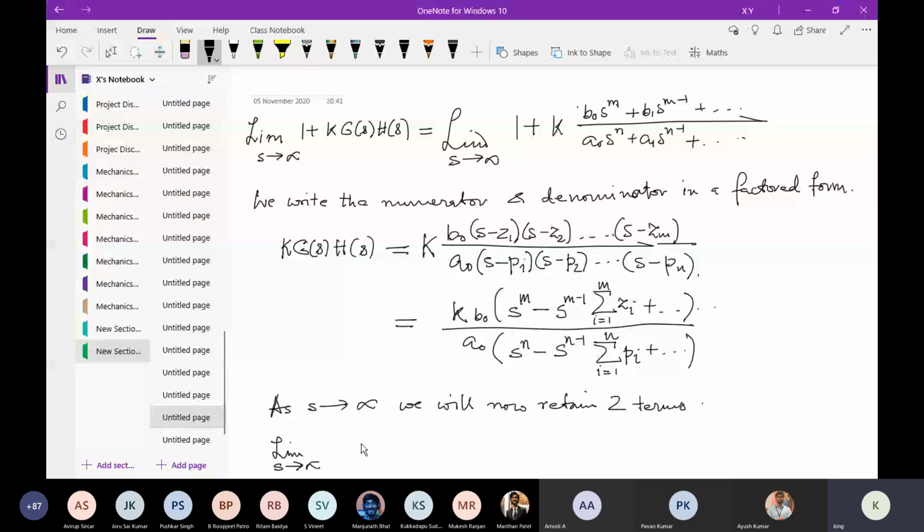That is, as we are moving towards the asymptotes, my 1 plus KGSHS will now look approximately like this.